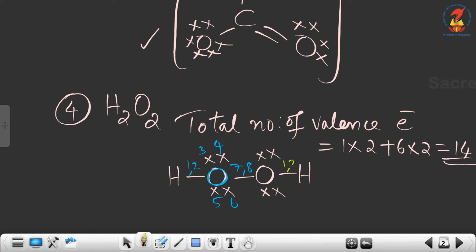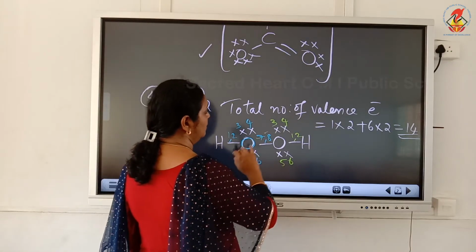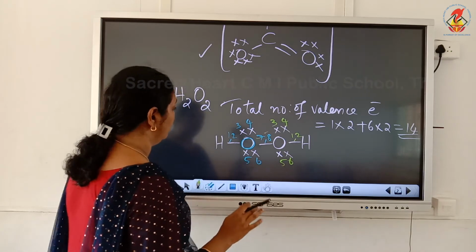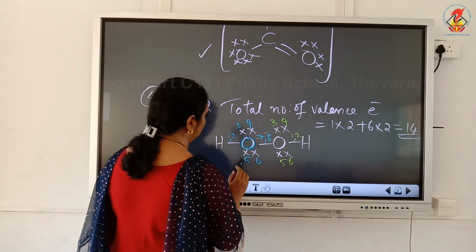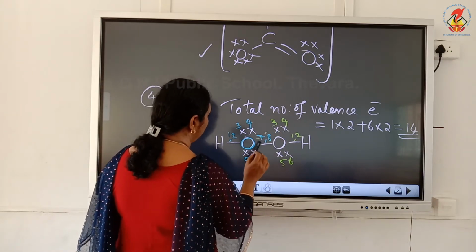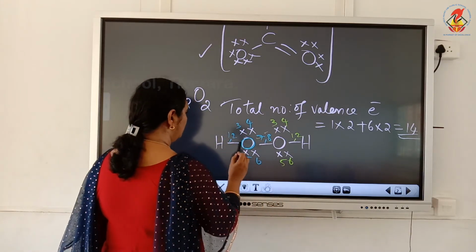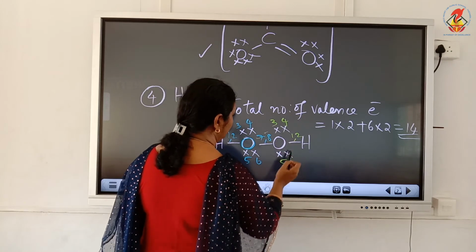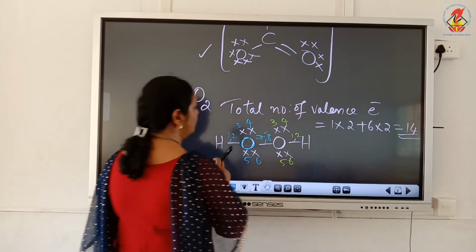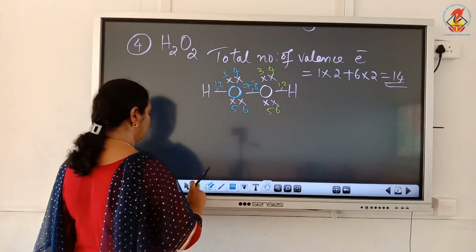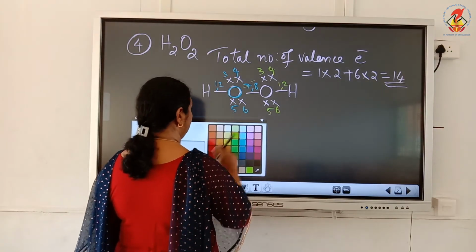That is 1, 2, 3, 4, 5, 6, 7, 8. Okay. Now you can see total how many electrons? We have 14 electrons. You have to count the bond pair and lone pair also. 1, 2, 3, 4, 5, 6, 7, 8, 9, 10, 11, 12, 13, 14. So 14 electrons. So this is the Lewis structure of hydrogen peroxide.